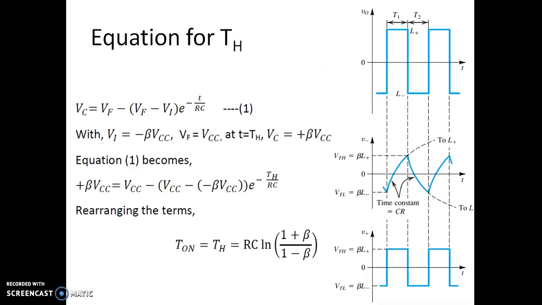We can actually obtain the expression for TH, that is T on. H stands for high here. The expression for T on is given by the capacitor expression, assuming that the capacitor has settled down.